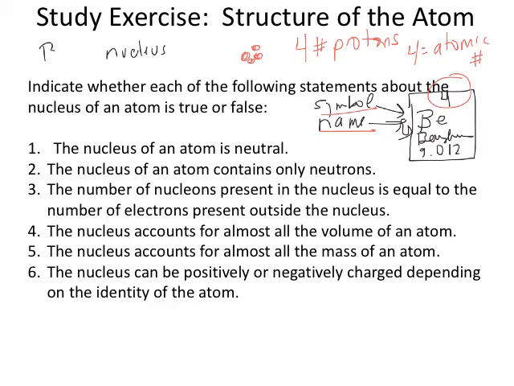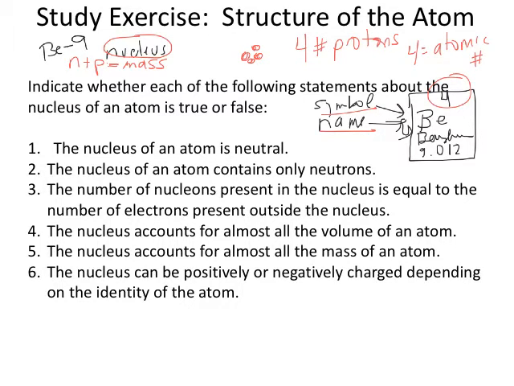So if you have beryllium-9, since you have 4 protons, because beryllium always has 4 protons, the formula would be neutrons plus protons equals the mass. You need to memorize that. And that's the mass, and the mass is always the mass in the nucleus.